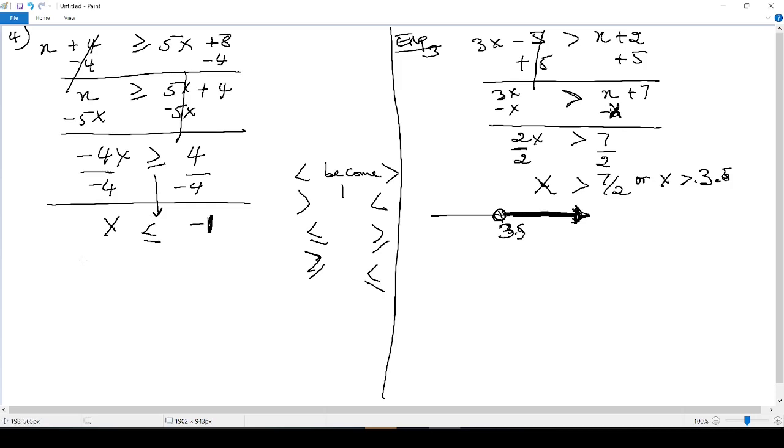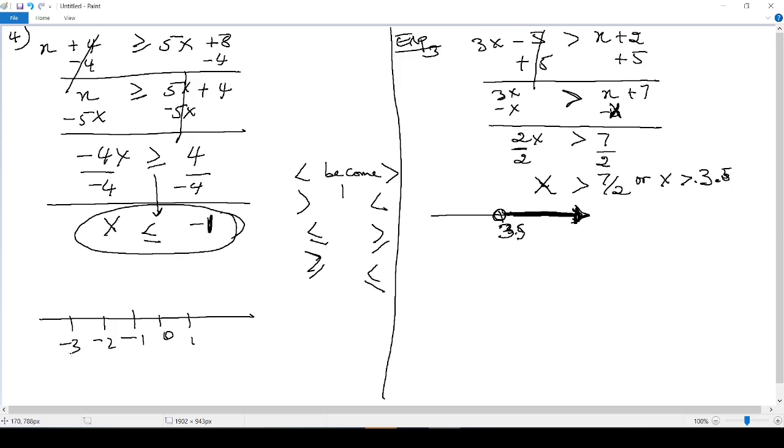And this is what we will be using. This is the standard form. So we go ahead and graph it. We have negative 1. After negative 1, we have 0, 1, and so on, negative 2, negative 3. And what does it say? It says x is less than or equal to negative 1.